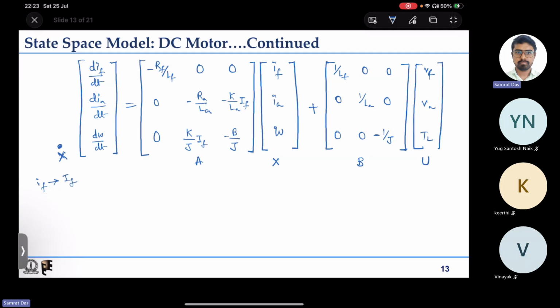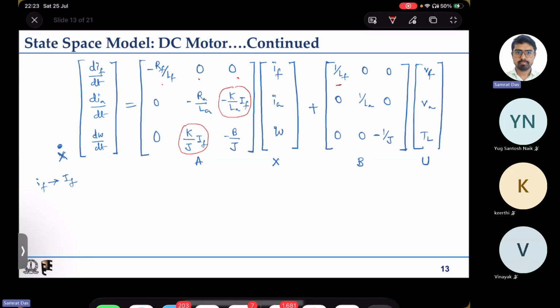So the field current can be considered a constant quantity, so that it comes within these elements. You can see RF by LF is a constant quantity, 0 0 all are constant, 1 by LF is a constant number, RA by LA constant again, K by LA into IF a constant quantity.